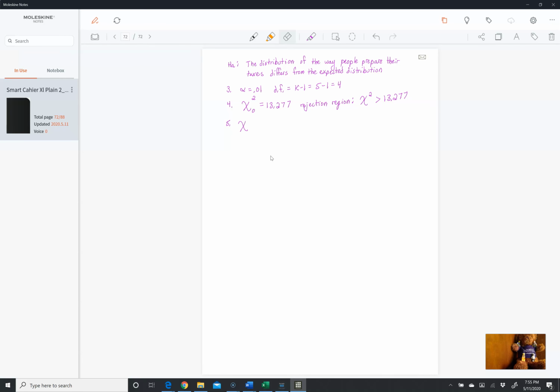So when we calculate the chi-square, remember what that is. That's the sum of our observed frequencies minus our expected frequency, squared, over the expected frequency for each category. Okay, so we have to do this for each category and then add them all together at the end. Okay, so we're going to recreate the chart.